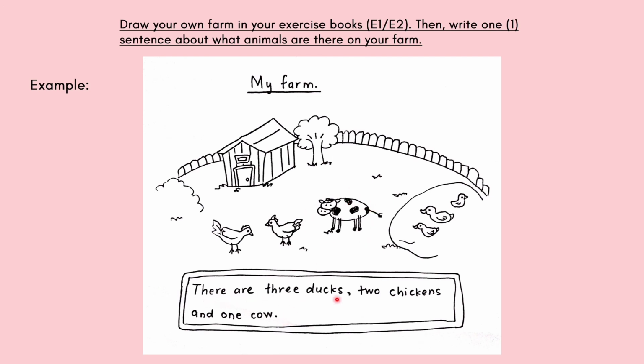So I write it here. There are 3 ducks, 2 chickens, and 1 cow. So if on your farm you have 5 chickens, so you have to write it here. That you have 5 chickens, and maybe if you have 10 mice, you can write there are 5 chickens and 10 mice. Like that. Can you do it?